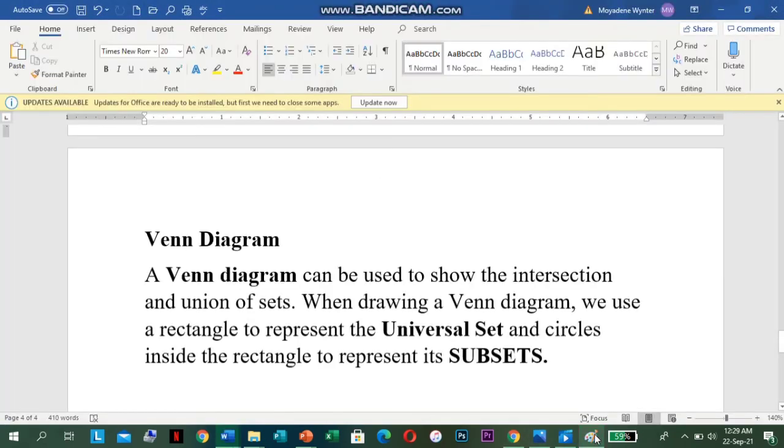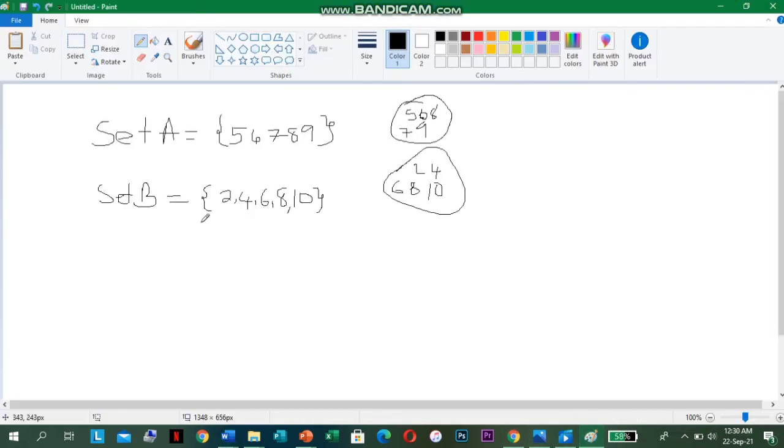Alright, so it says now a Venn diagram can be used to show the intersection and union of sets. Let us represent the intersection and union of sets right now using the Venn diagram. So I draw back my circles. Here are my two Venn diagrams, and I want to show the intersection, so they overlap each other.